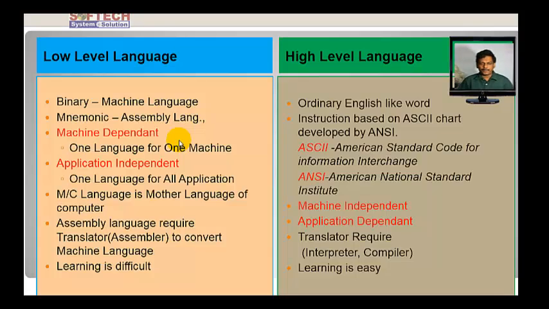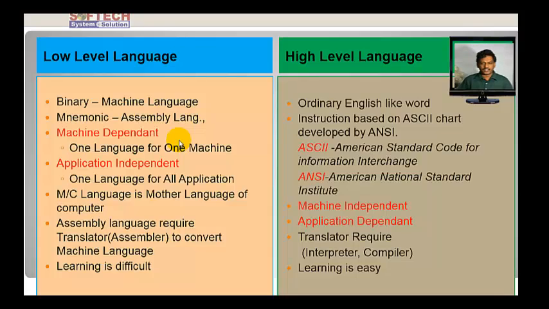Application independent. What is application independent? One language is suitable to write all kinds of applications. If we want to write a business related application, system software, or application software, we use the same language to write all kinds of application.